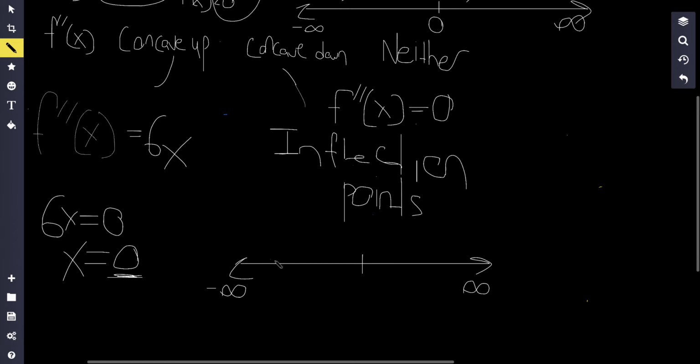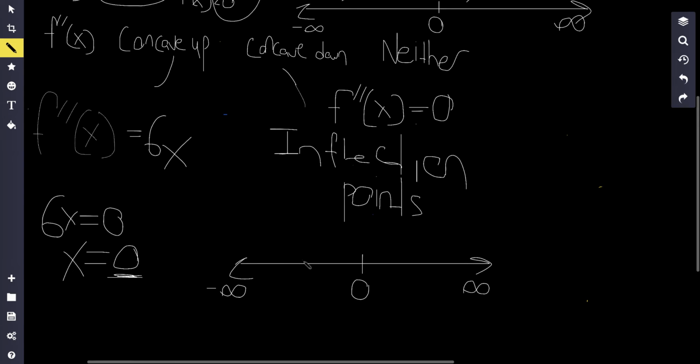So you know that x is equal to 0. Let's put it right over here, and we're going to test x values in these different regions of the number line. Notice how x equals 0 splits the number line into two sections, right? I'm going to test a value from this section and a value from this section, and let's see if it's an inflection point.